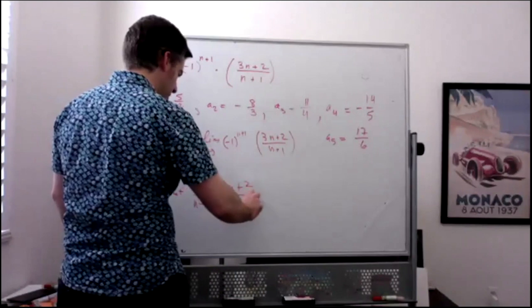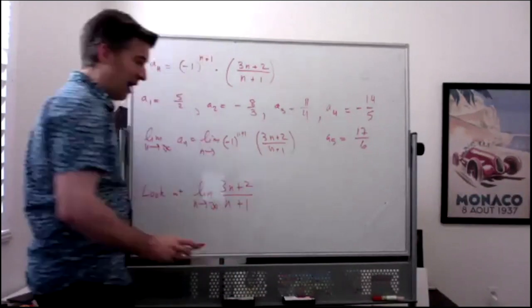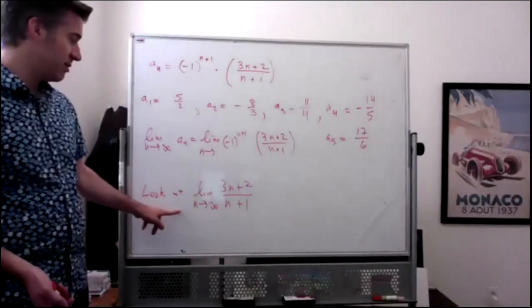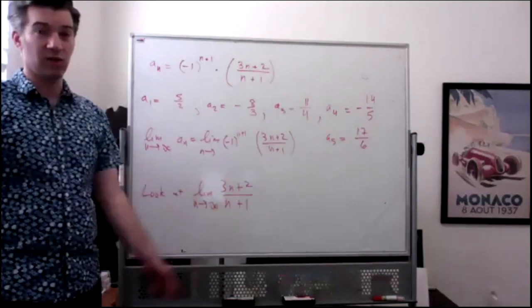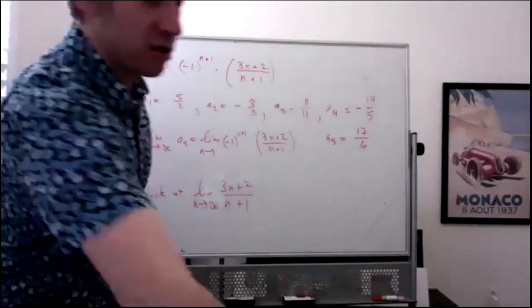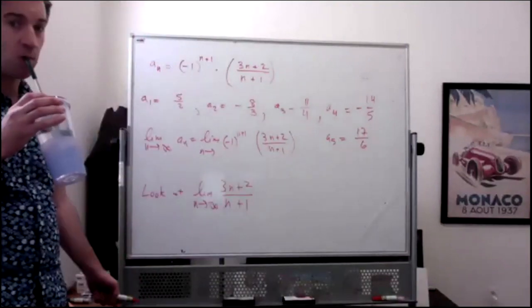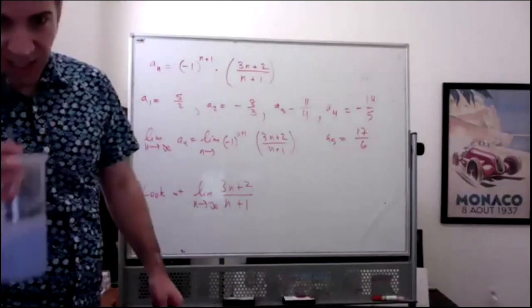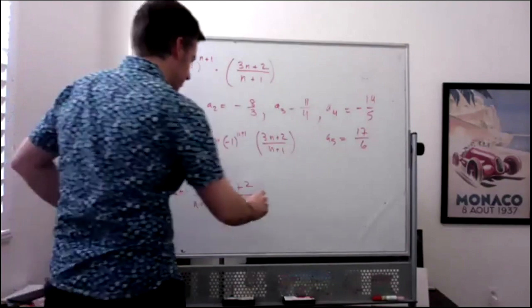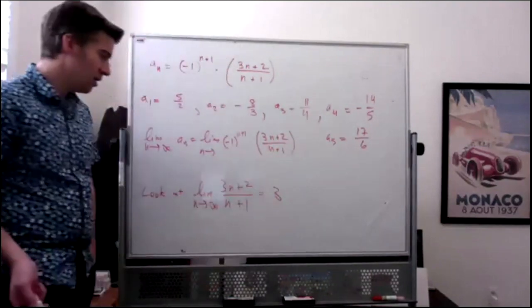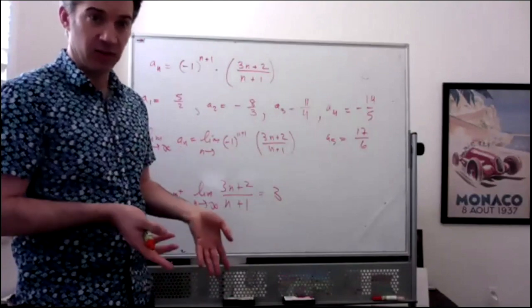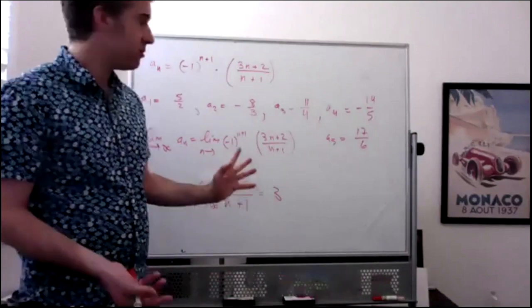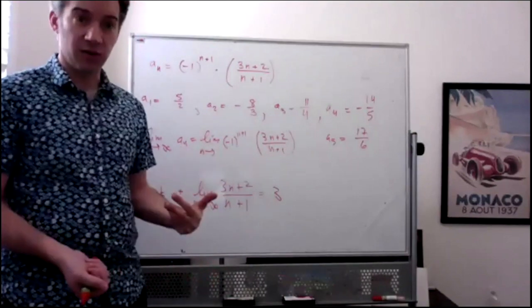Everyone at this point should be able to tell me that the limit of this sequence, 3n plus 2 over n plus 1, should equal what number? 3. Yeah, exactly. That means, again, it doesn't mean it ever necessarily equals 3, although sometimes it does. It just means it's getting closer and closer to 3.